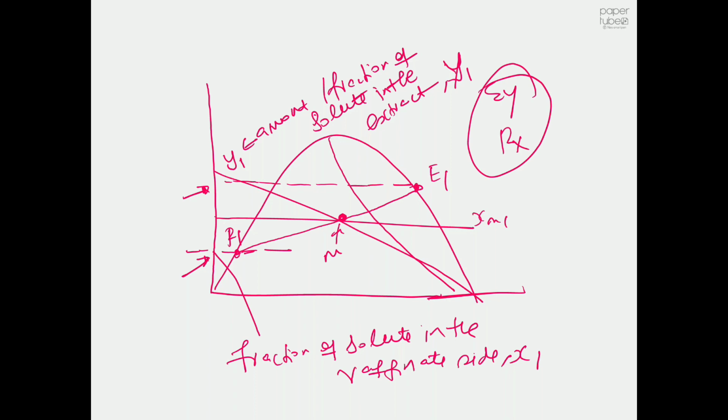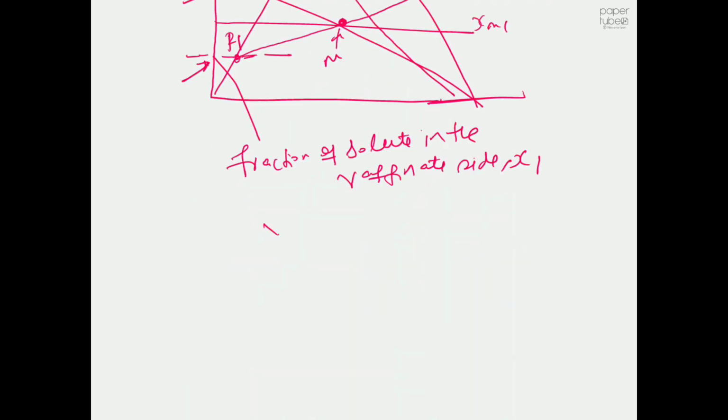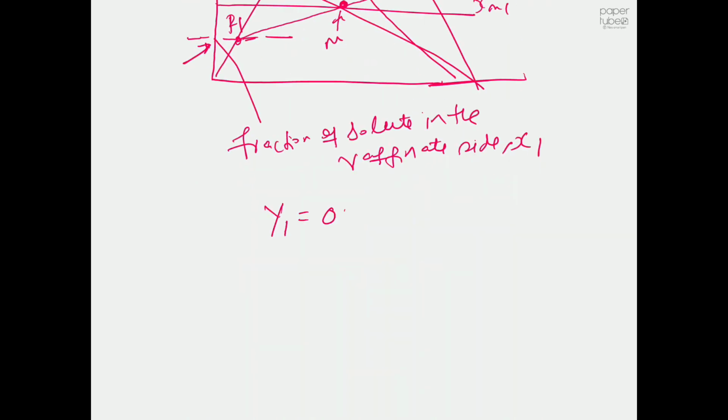According to my graph, the y1 value is roughly around 0.30. Let me check one time. I get something almost near 0.3.